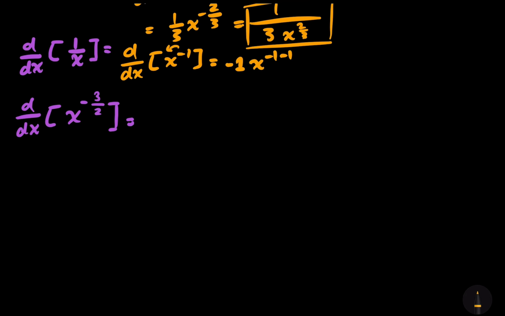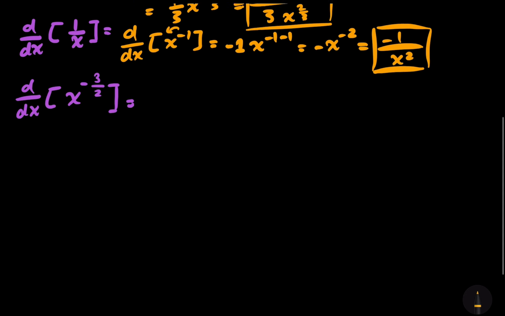Negative 1 minus 1 is negative 2, so this can be rewritten as negative x to the negative 2. Then we bring the x to the negative 2 down to the denominator, and we get negative 1 over x squared, which would be our final answer. As you can see, we're just applying the power rule as we would if it was a positive integer, but when it's a rational number or a negative number.